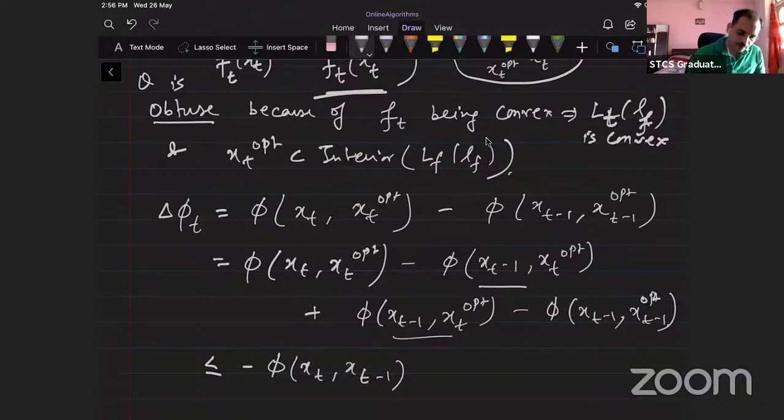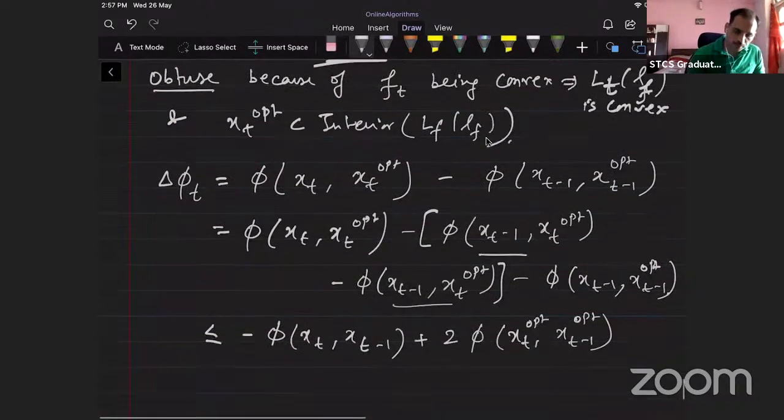Okay. And now I'm going to combine this. So let's write a minus here, minus here. So on this negative sign, I'm going to put 2 times phi of XT opt, XT minus 1 opt, and plus phi of XT minus 1, XT minus 1.